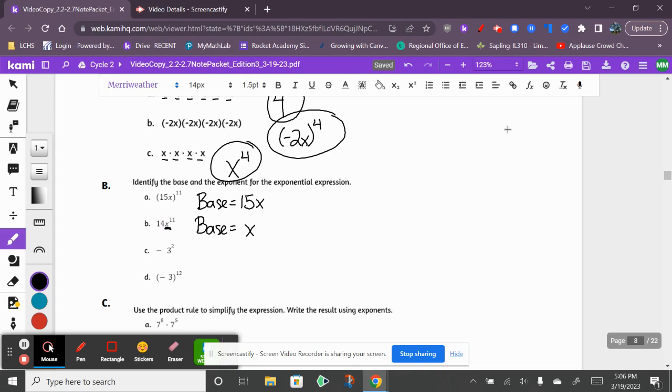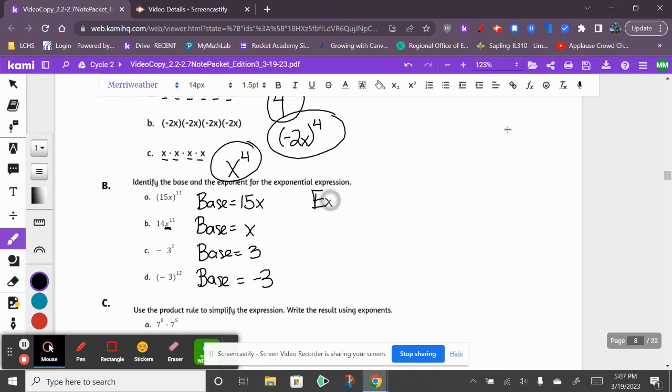It's not being applied to the 14. This one you want to be careful. The negative is technically on the outside unless it's in parentheses. So the base in C is just 3. But the base in part D is -3.